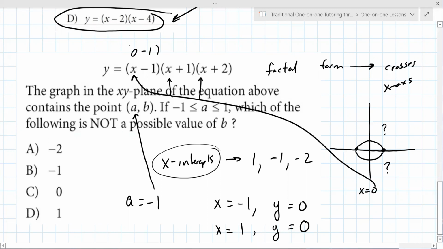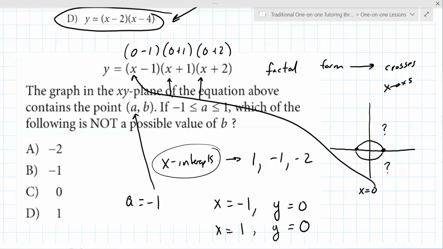0 minus 1 times 0 plus 1 times 0 plus 2. What does that become? -2. Yes. So that means it's actually this bottom one.